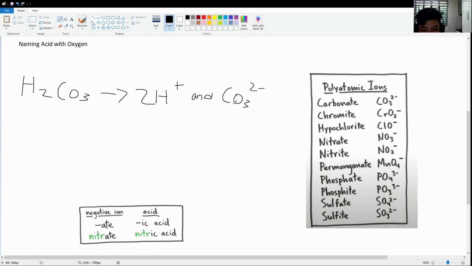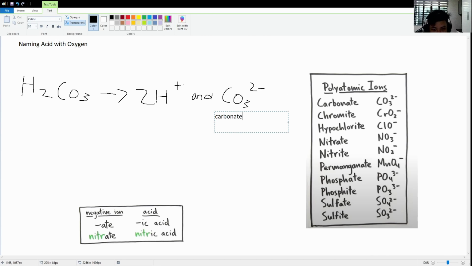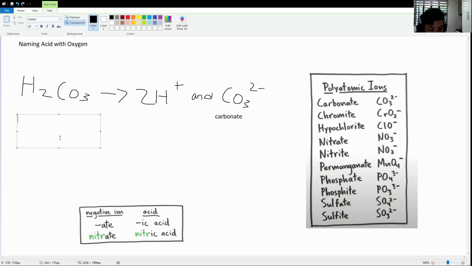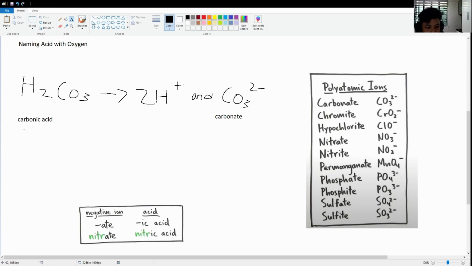CO3 2 minus is carbonate, so we write here carbonate, and we're just going to follow this rule. Carbonate ends with an ATE, so we're just going to add IC. H2CO3 is carbonic acid.